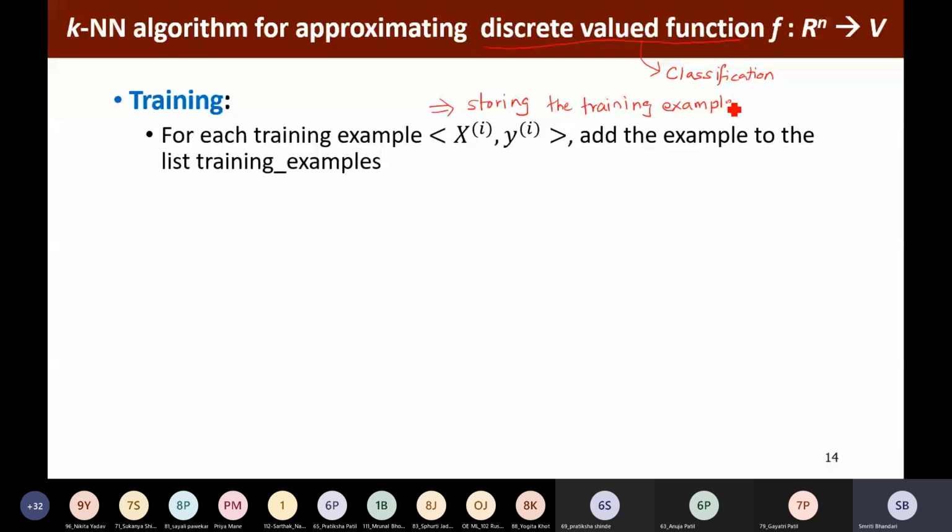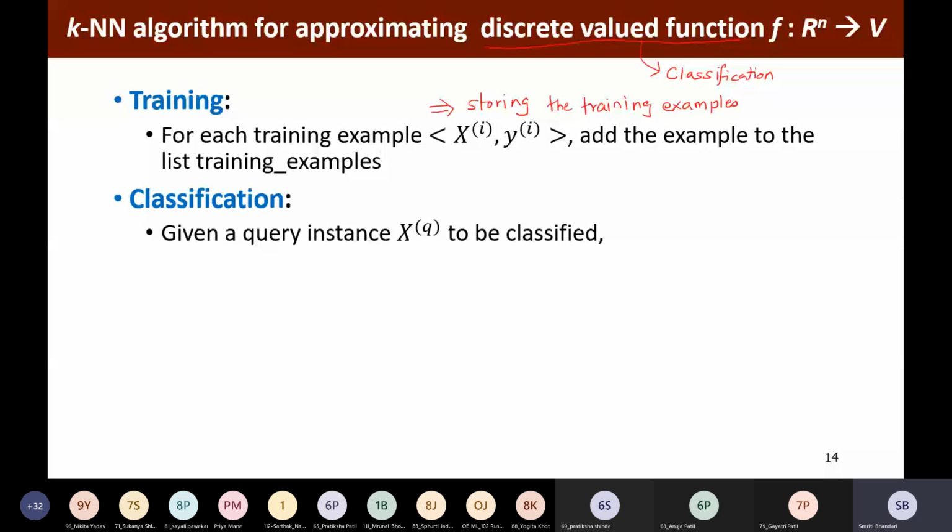Right? So for every training example of the form xi, yi, we just add it into the training examples. In the classification phase, as I stated earlier, we present the query instance xq that we want to classify.